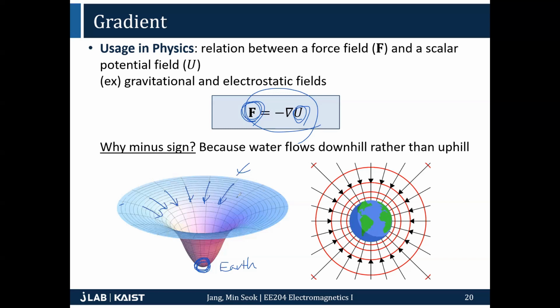And the direction is the negative gradient of the potential. The reason we have a negative sign is because force is always going downward, not upward. Water always flows downhill rather than uphill. So to account for that, we have a negative sign here. Gradient is defined along the increasing direction, so with the negative sign, you now have this decreasing arrow.